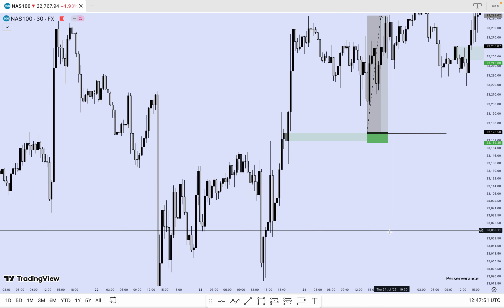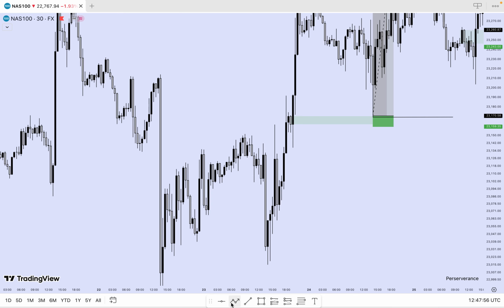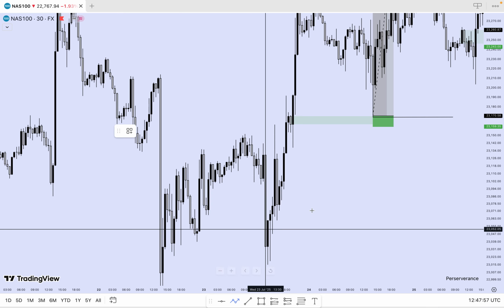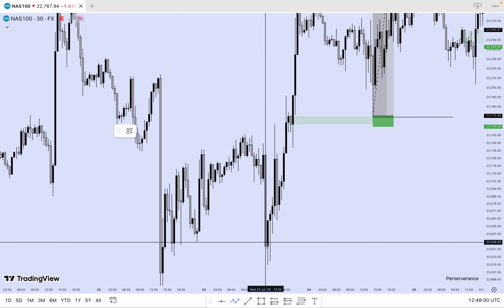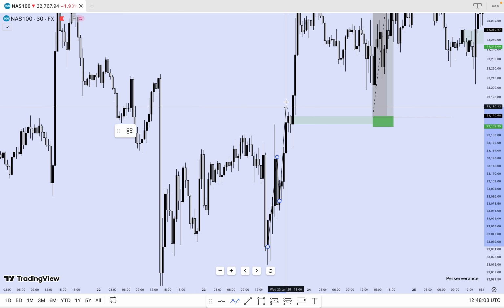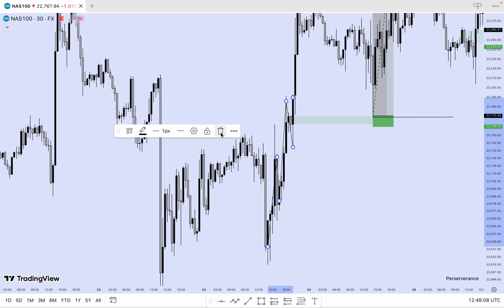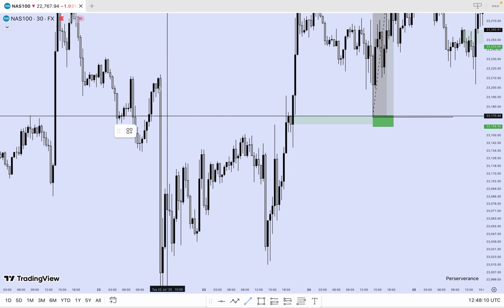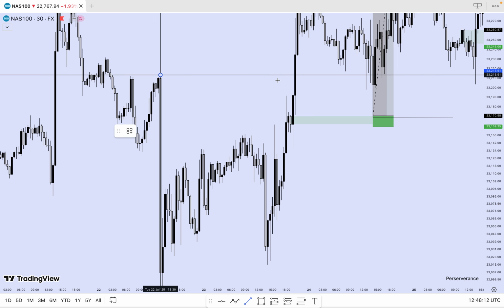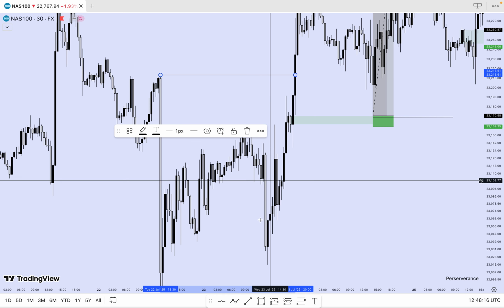Okay, this is an example of a break of structure. We already know that price is in an uptrend because the market is creating higher highs and higher lows, right? But then this is a resistance level in the market.